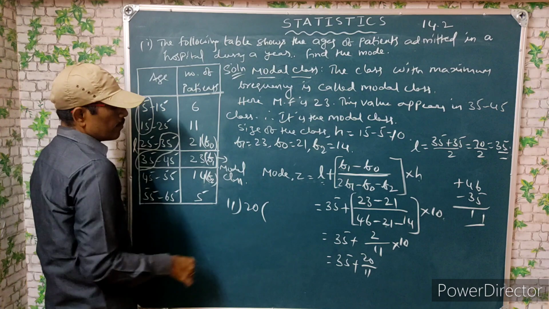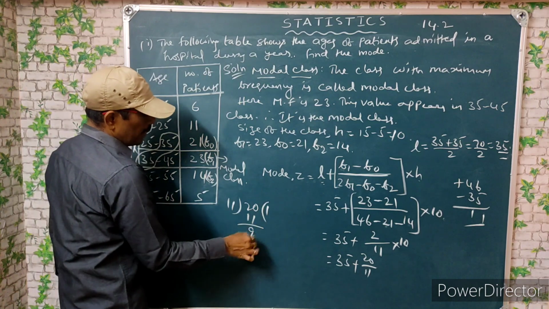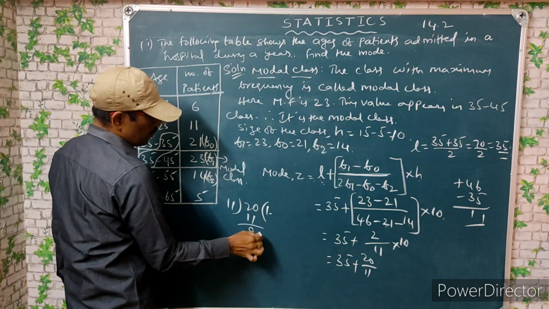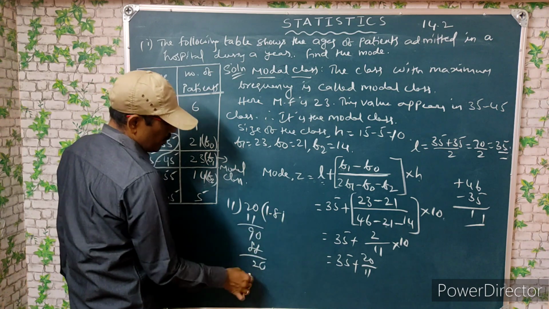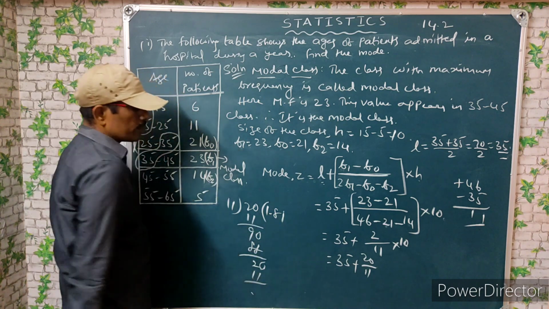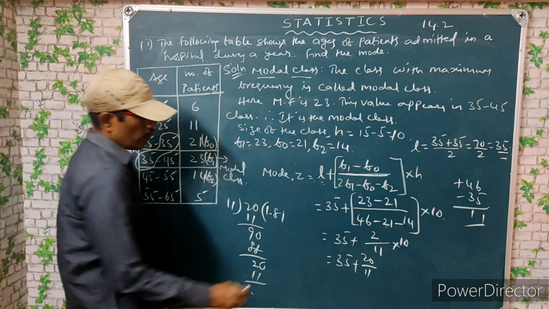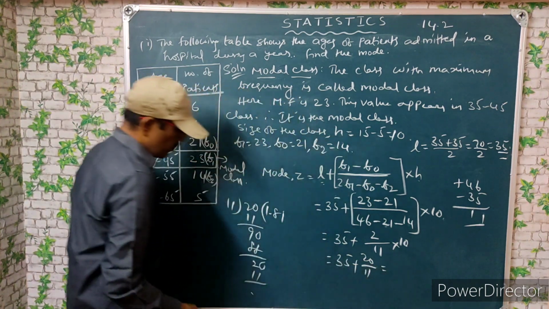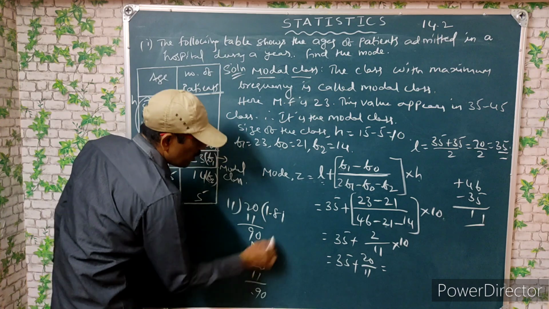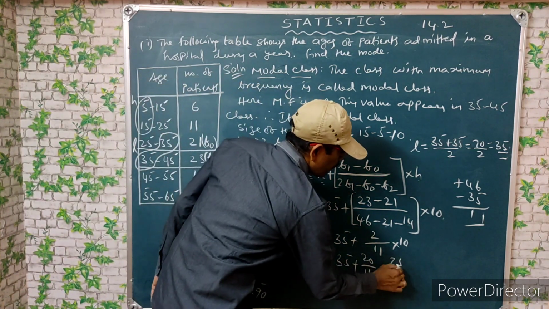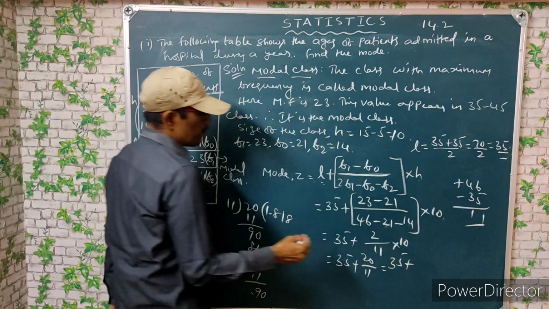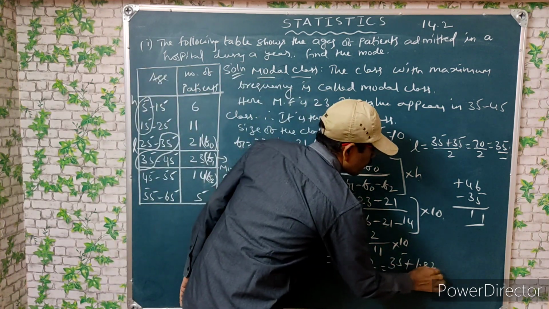20 by 11. 11 ones 11, 9, 0. 11 eights 88, 2, 0. 11 ones 11, and so on. So it is approximately 1.8.